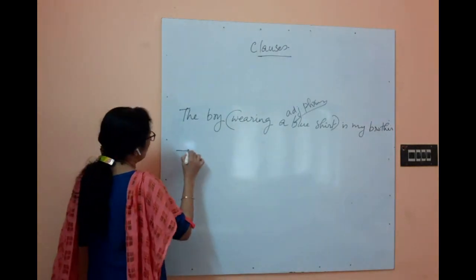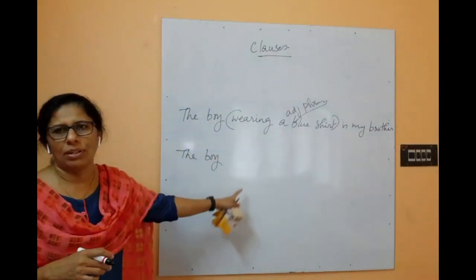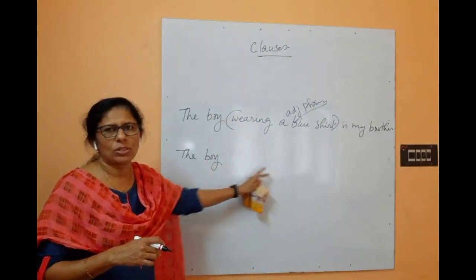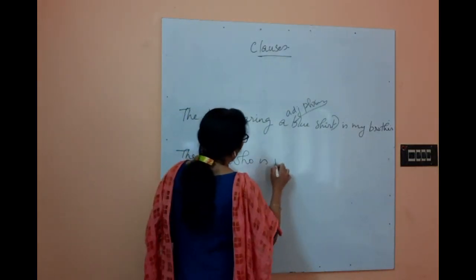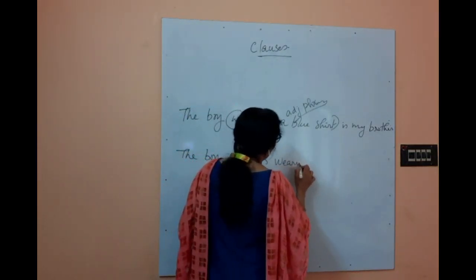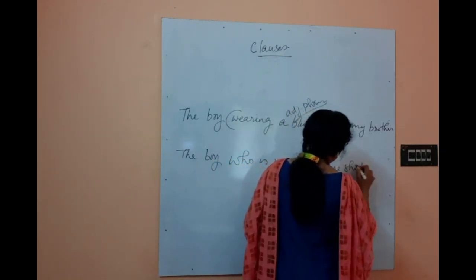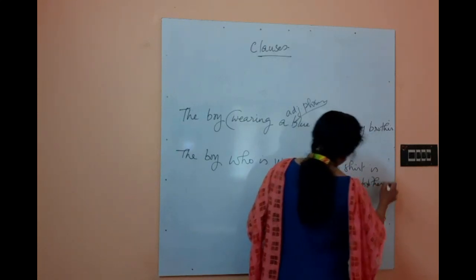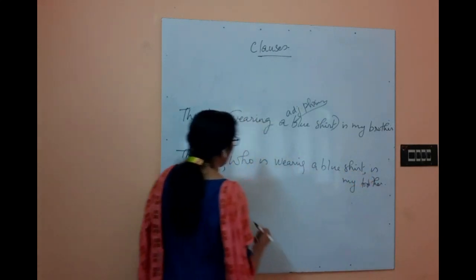How? It's very simple. As we have already told, we use relative pronouns to combine the adjective clause with the remaining part. The boy who is wearing a blue shirt is my brother.